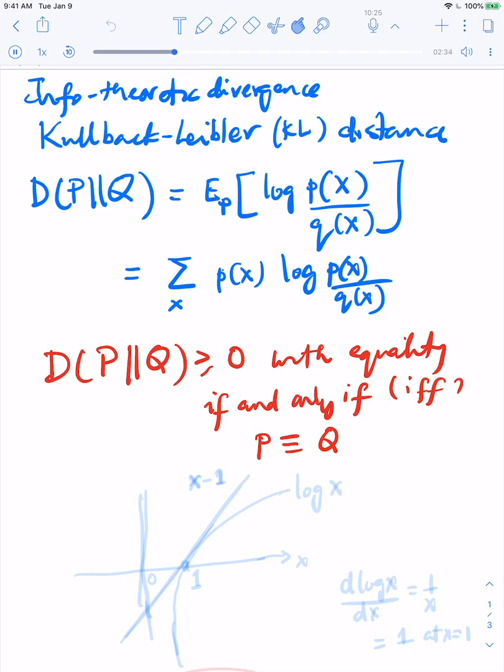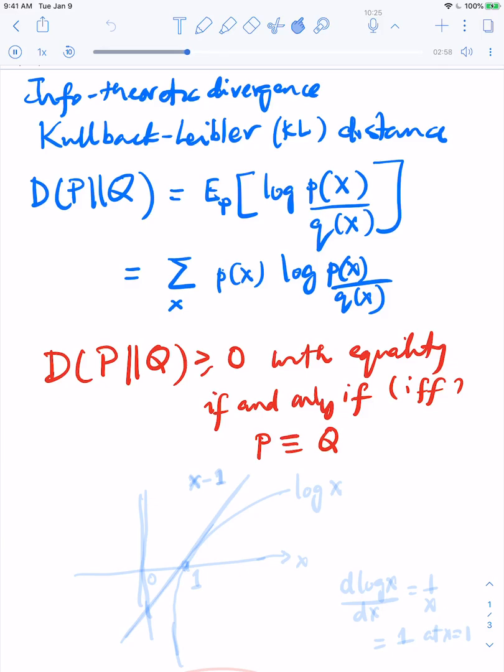For continuous random variables and vectors, the probability densities are equal almost everywhere. That's a concept you may or may not have come across, but basically it means that everywhere you have non-zero probability, the two densities are equal.